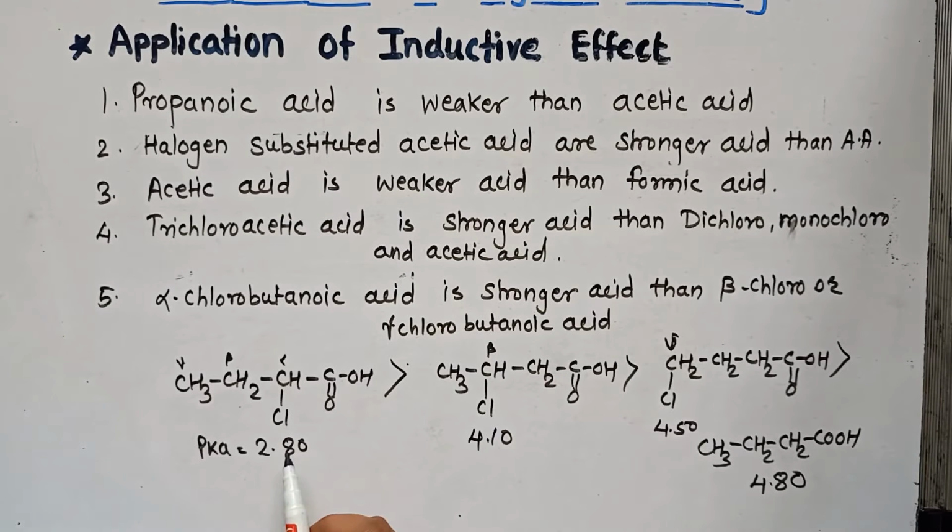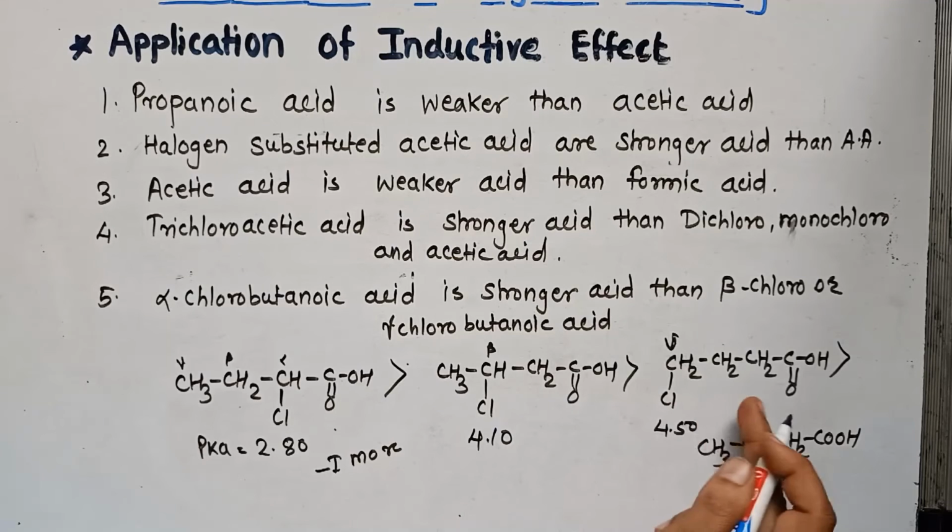Then distance: as the distance of the minus I group from the COOH increases, the minus I effect decreases. Here the chlorine is very close, right? And due to that, the minus I effect is also more. As the distance increases, the minus I effect decreases.